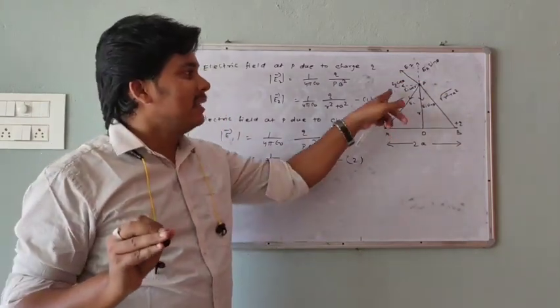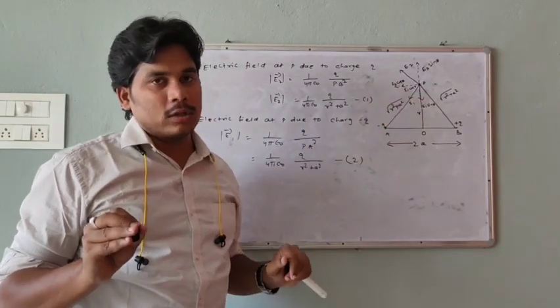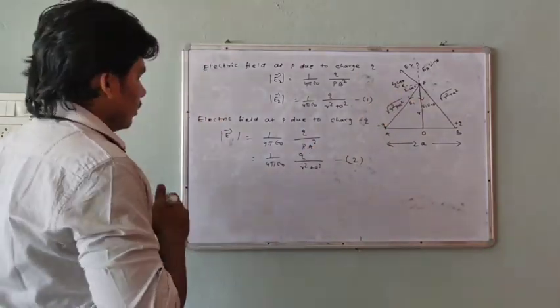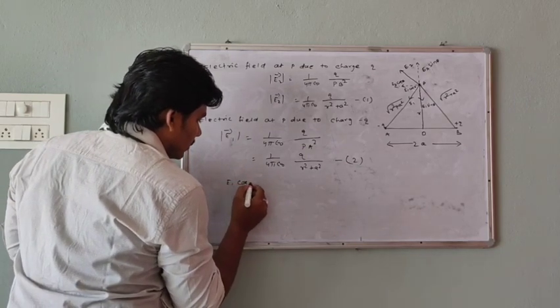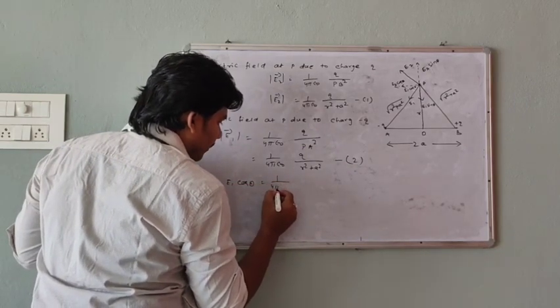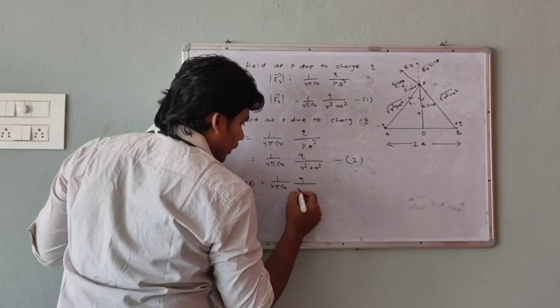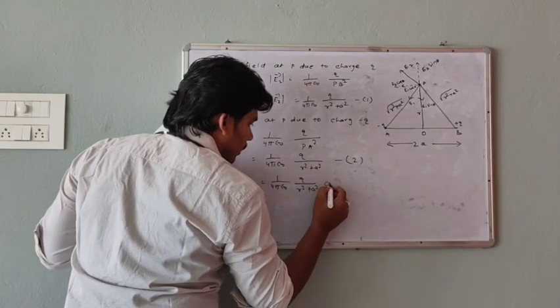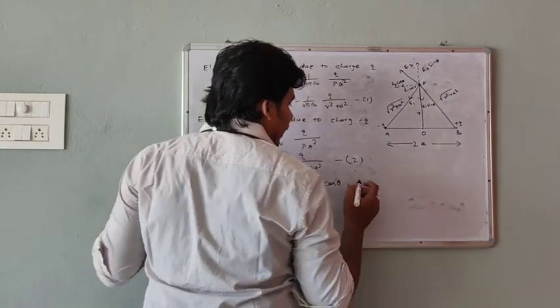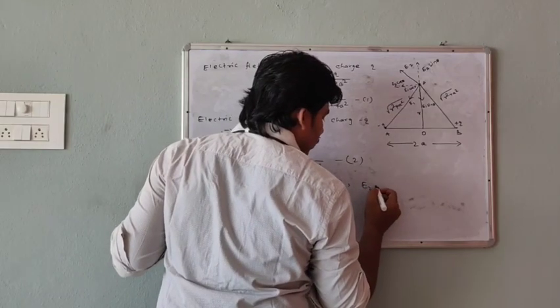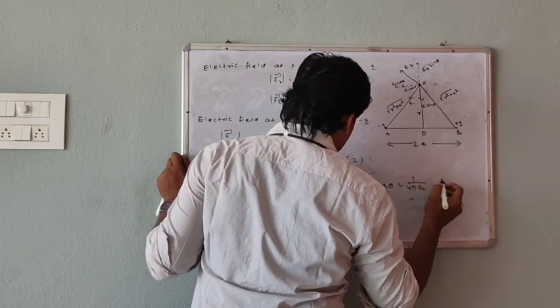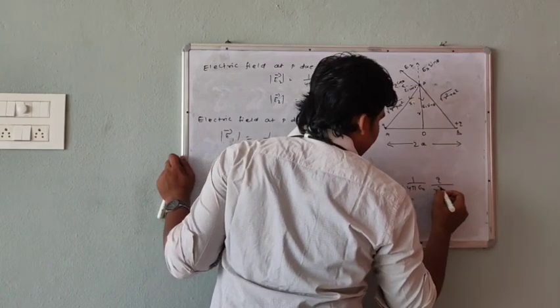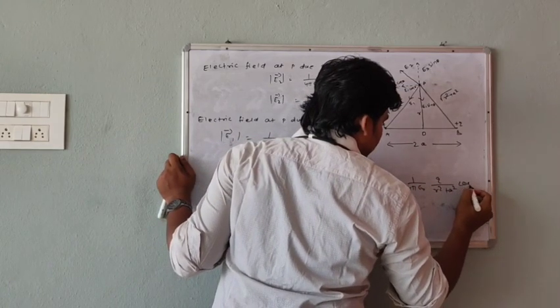And the second thing, E1 cos theta and E2 cos theta. E1 cos theta equals 1 by 4 pi epsilon naught Q by r square plus a square cos theta, and E2 cos theta equals 1 by 4 pi epsilon naught Q by r square plus a square cos theta.